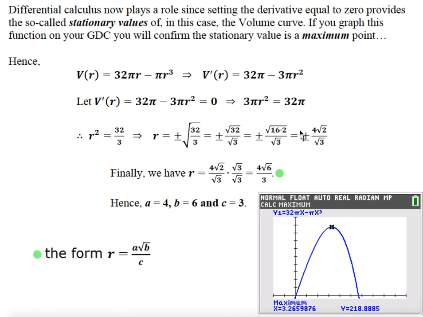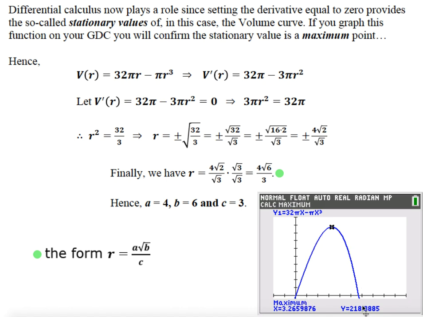The square root of 16 comes out as 4. So we get something that looks like this. Further, since we have not quite met the form that IB asked you for, it's close, we'll actually rationalize top and bottom. And so this form here now actually matches the form that they requested. And hence you can write down A, B, and C respectively as requested.